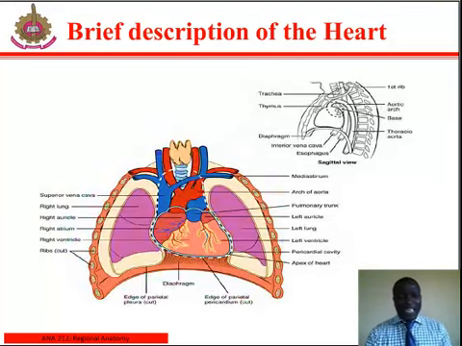The heart of a well-trained athlete, especially one specializing in aerobic sports, can be considerably larger than this. Cardiac muscle responds to exercise in a manner similar to that of skeletal muscles.